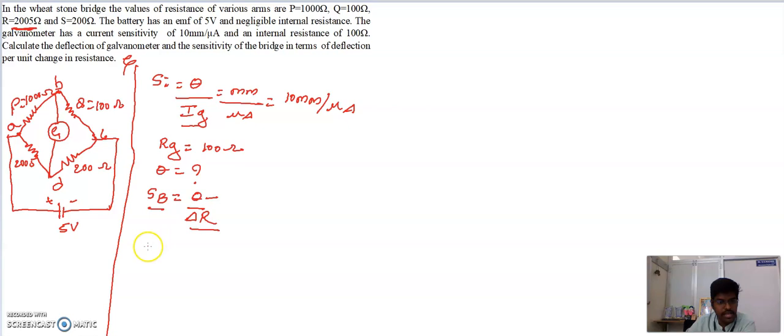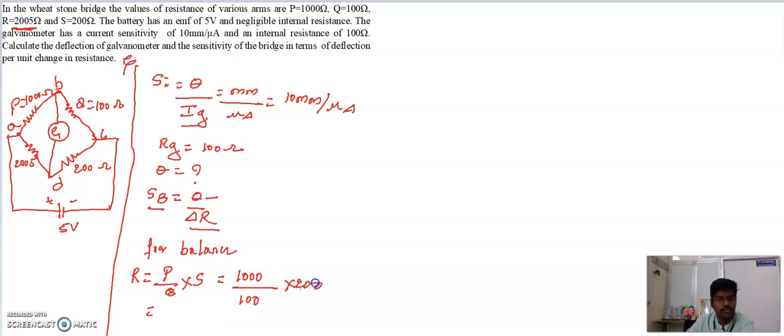For the balance condition, when the bridge is balanced, we have the equation R equals P by Q into S. We know the values of P, Q and S. Substituting, P is 1000 ohm divided by Q, which is 100, into S, which is 200.